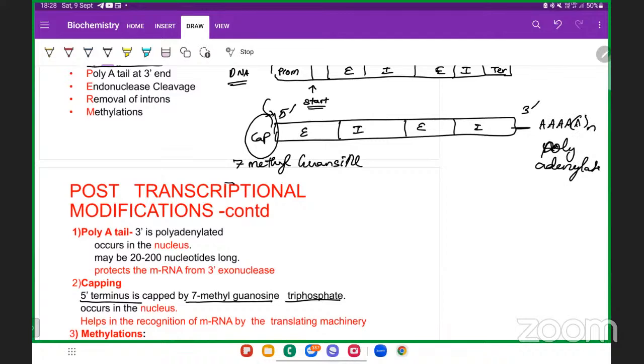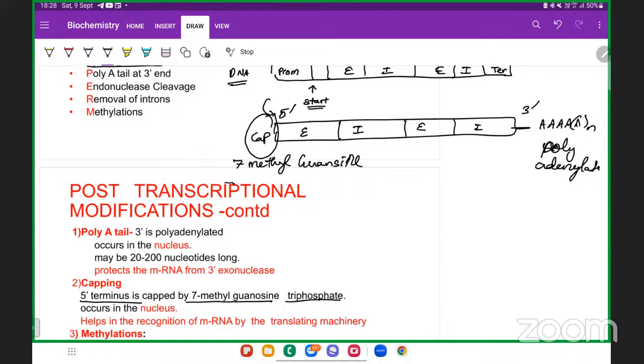Multiple A's, almost 1000 A's. We attach it at the tail end. These two are for providing stability to your RNA. I have given two things: one is the cap, the other is the tail. What is the cap? 7-methyl guanosine. What is the tail? The polyadenylated tail. Why are you going to put this? For giving stability to the RNA which is formed. Up to this, is it clear?